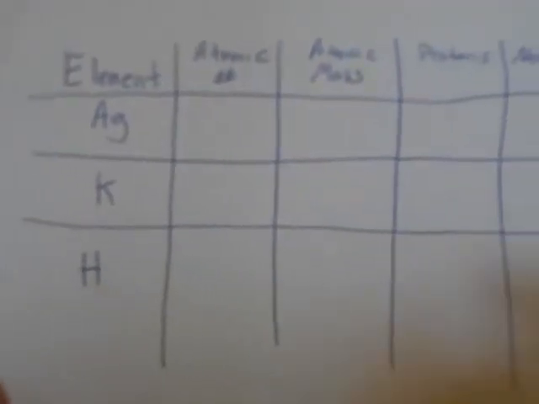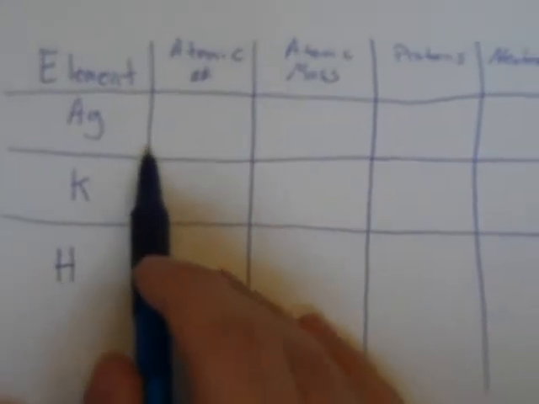So, one last thing we're going to cover here is structure of atoms. And you've all seen this chart before, and we're going to go over it a little more again. So say you have silver here.